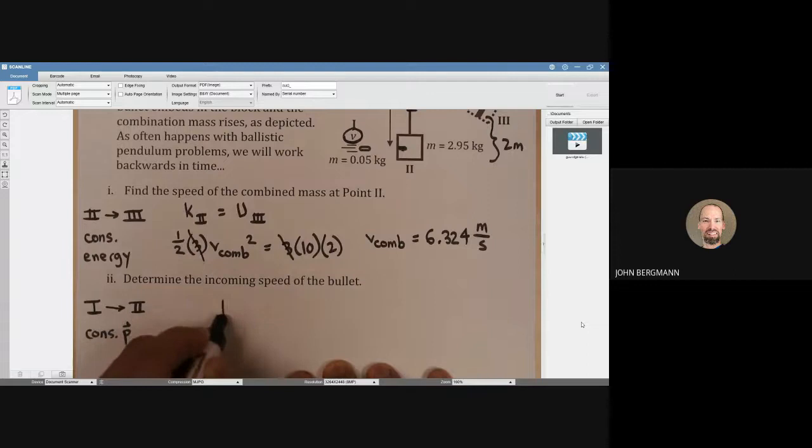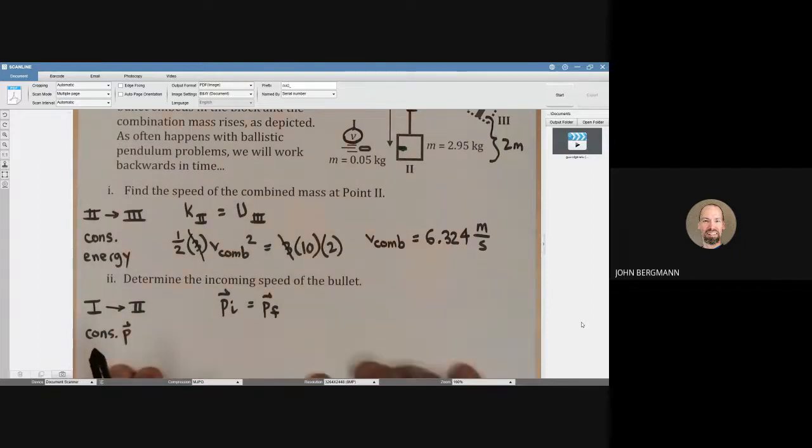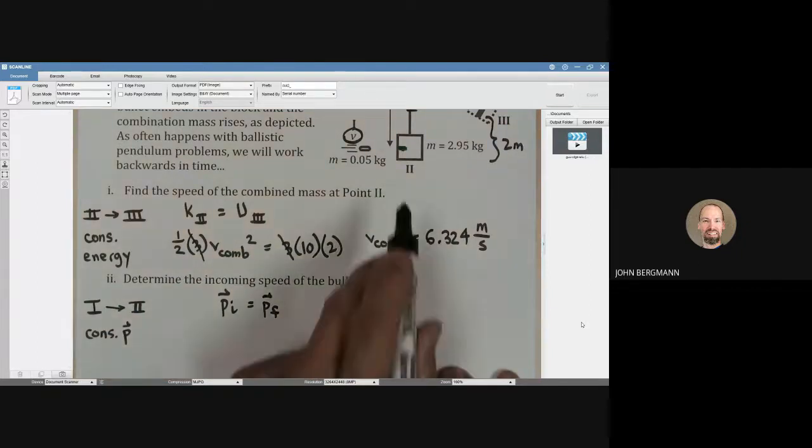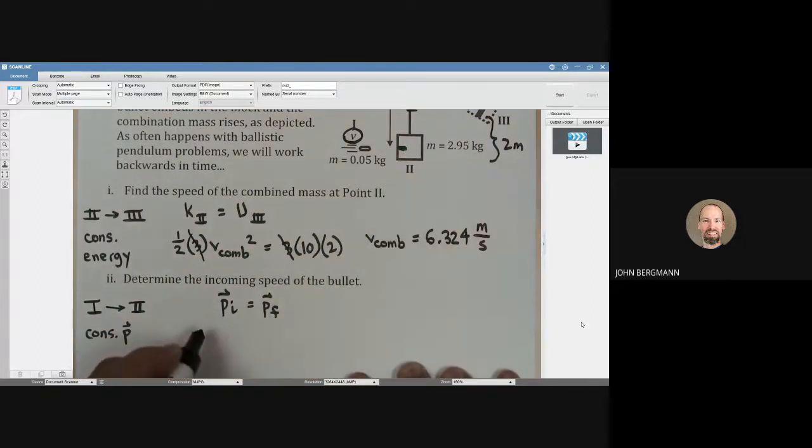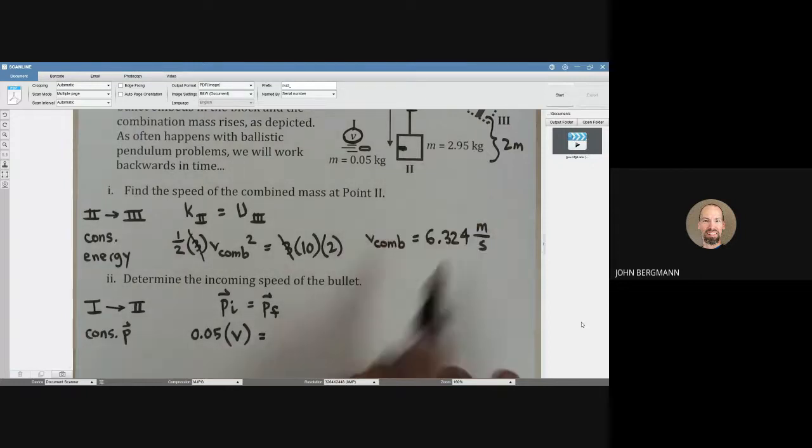The initial momentum needs to equal the final momentum. This is all in the x direction when those two collide. So the momentum to start with is going to be 0.05, the mass, times the v of the bullet, which is what we're looking for, and that needs to equal the mass that is moving at the end, which is the block and the bullet together.